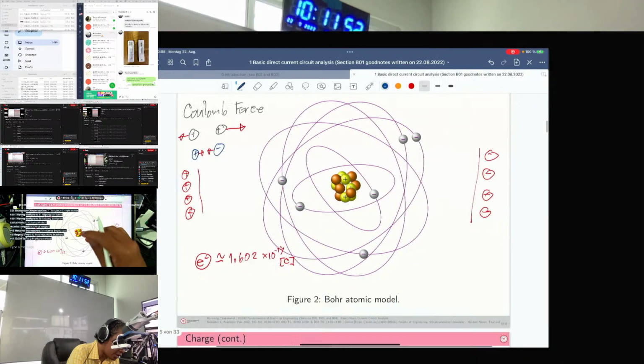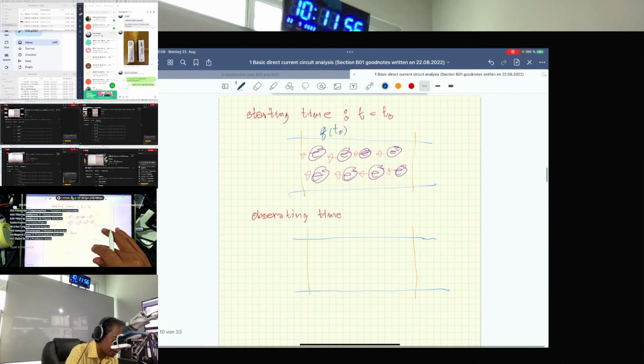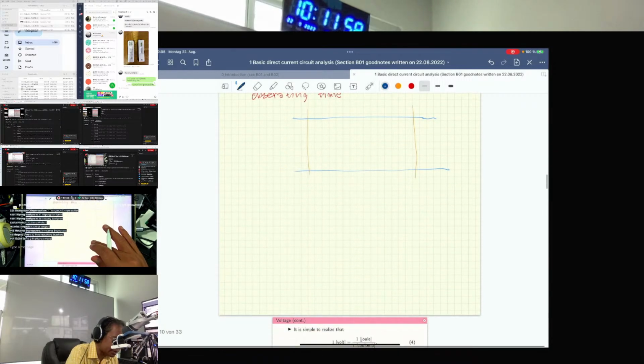Because the work is the product of force times distance, right?